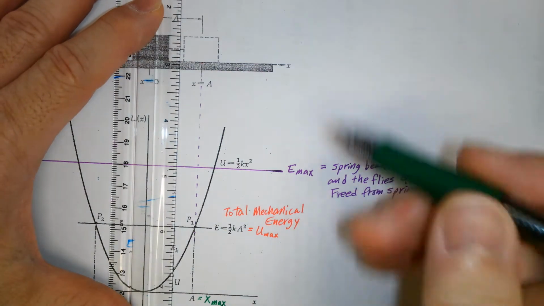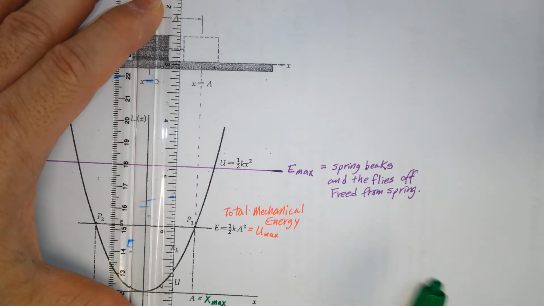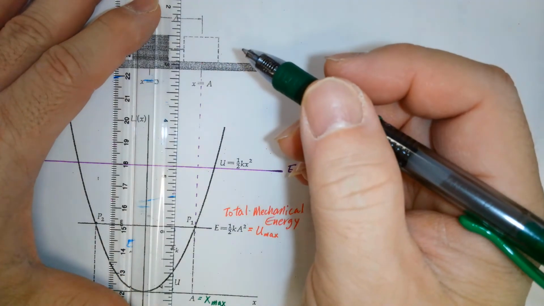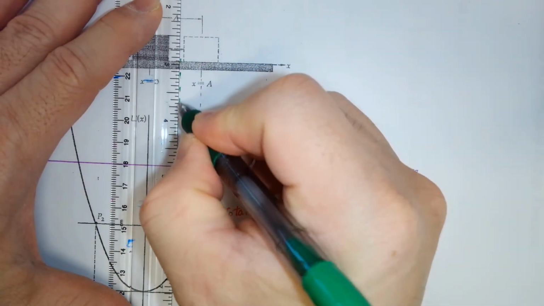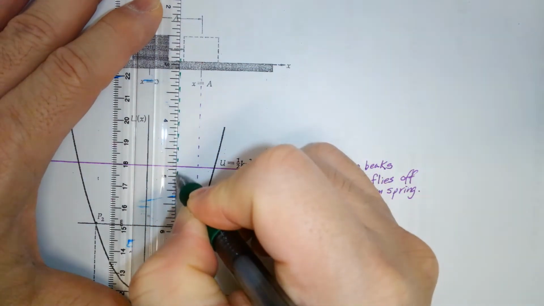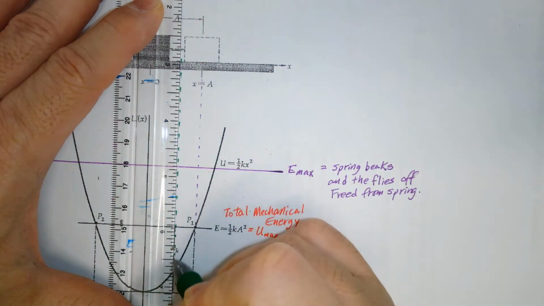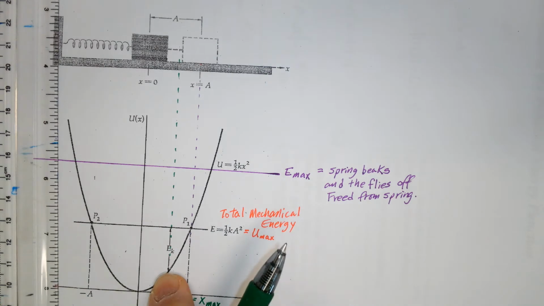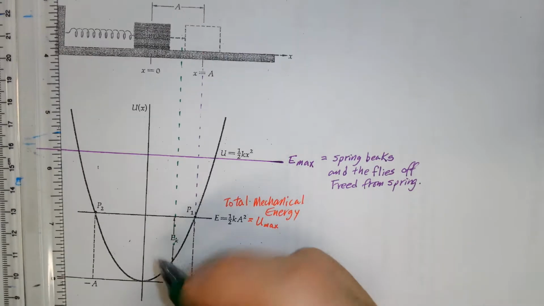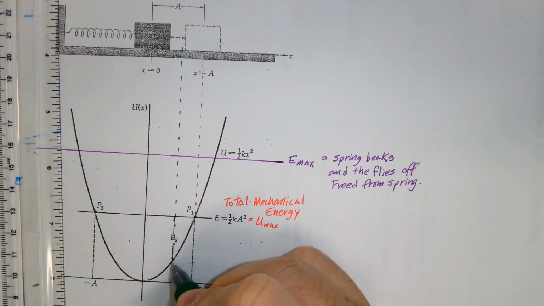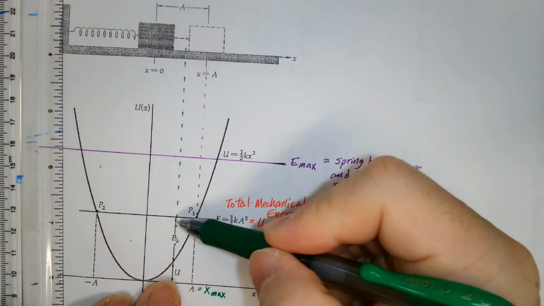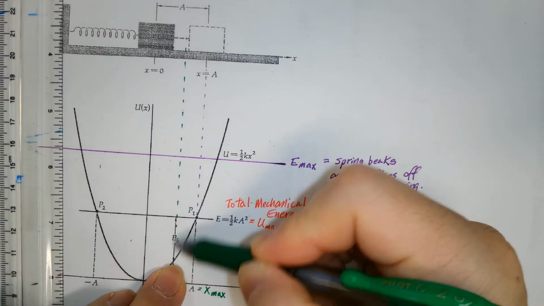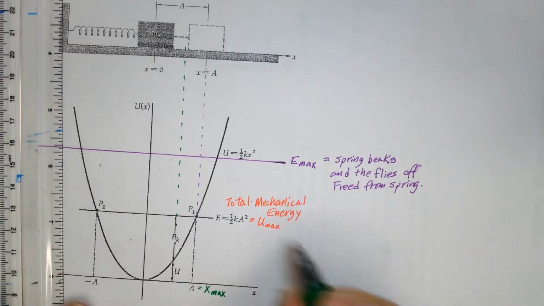So at this location, it only has this much potential energy, and the loss of that potential energy becomes the kinetic energy.